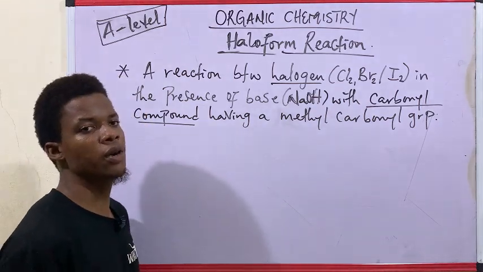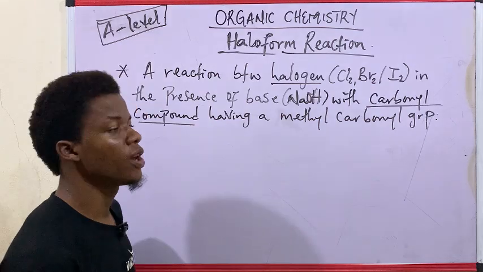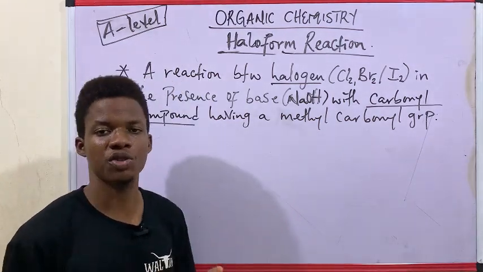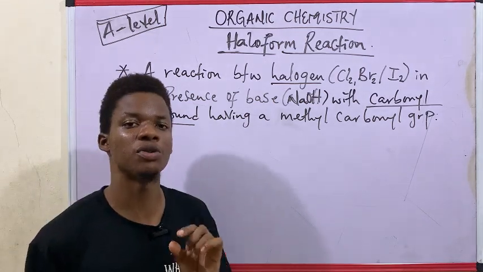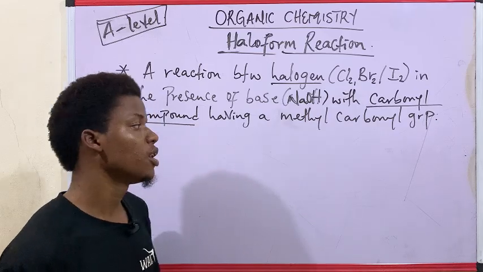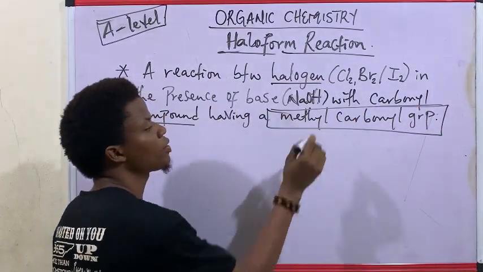But there is a little twist to this reaction. You must make sure that the carbonyl compound you use to undergo haloform reaction with the halogens must have a methyl carbonyl group.